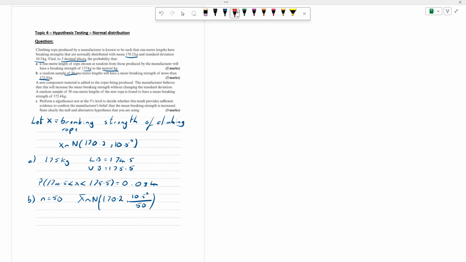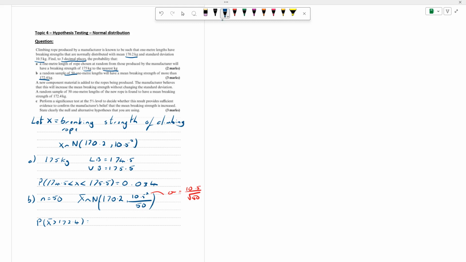Now what I always recommend to do is go over to the side and write out what your sigma is, because this is what you put in your calculator. So 10.5, and you root top and bottom. If I root the top, I get 10.5. If I root the bottom, I get root 50. So that's what I'm going to use in my calculator. And I want the probability that my x bar is more than 172.4 for the question.